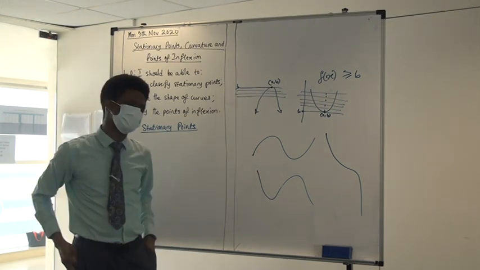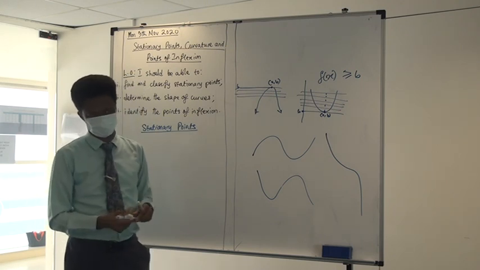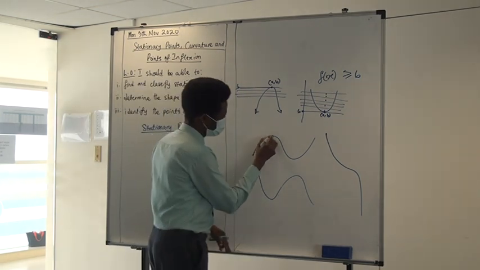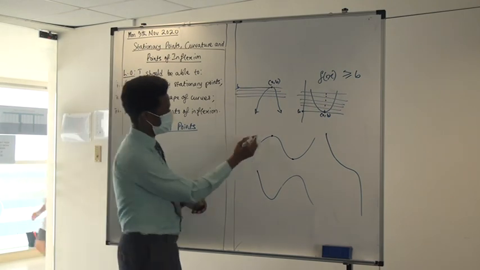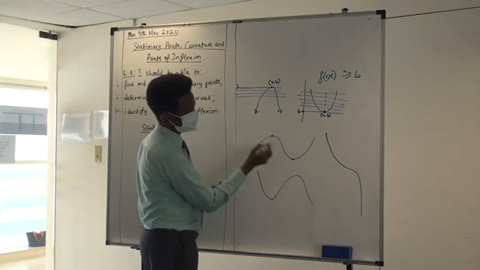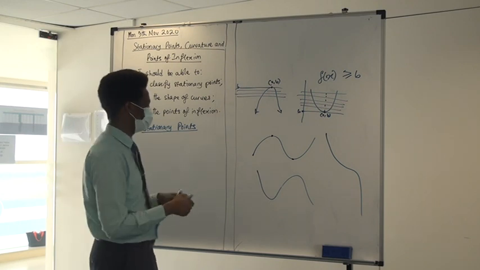But when you have a cubic function, for example, you might be having both minimum and maximum, because there are 2 turning points. Okay? Here you have local maximum, here is local minimum. Now the word local and global, what does it mean?